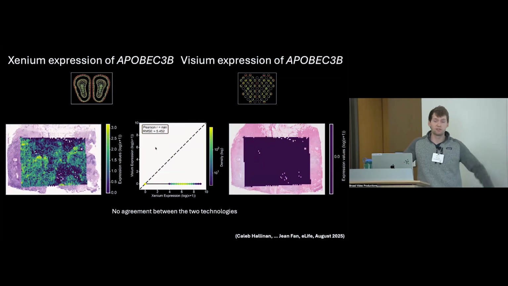I think this was a pretty unique case where we saw no APOBEC3B detected expression. I think it's pretty rare that we saw that, regardless of whether it was Xenium or Visium. But hopefully, as I talk, we'll come to realize why we're seeing no APOBEC3B expression in Visium, or why the Xenium data set has so much expression of APOBEC3B.